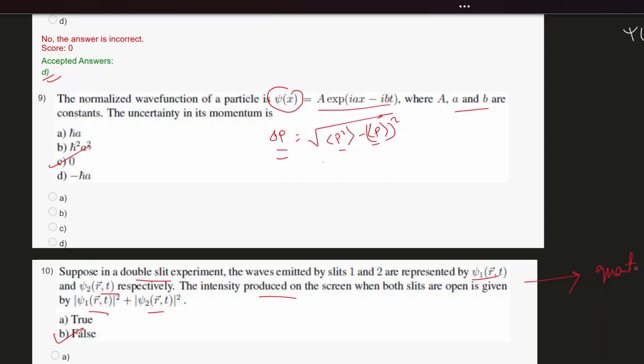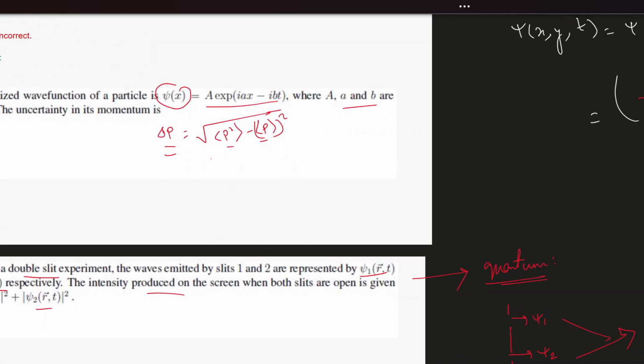Because whenever you are talking about quantum interference, or dealing with wave functions that are quantum in idea, then in the double slit experiment, if both of the slits are open, both of them have some psi, individually psi 1 and psi 2. But when both of them interfere, because of the interference there will be some coupling terms of both of them.